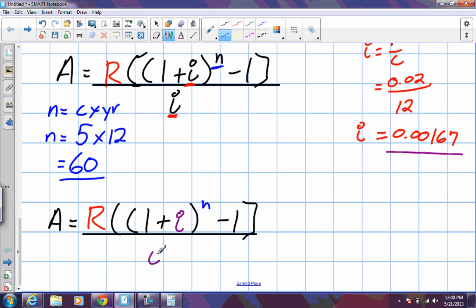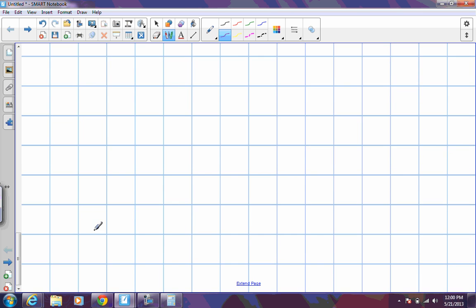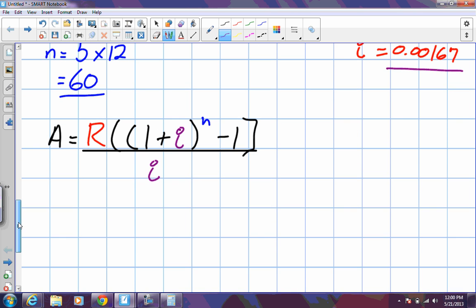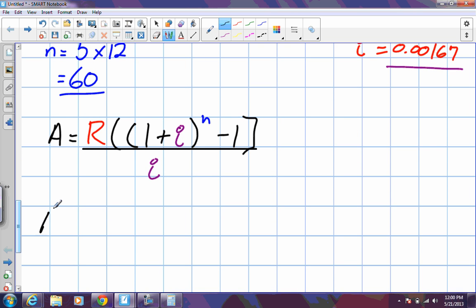So let's plug in our values. We said his regular payments every month were going to be $800. The amount of interest he's going to earn every month is 0.00167.